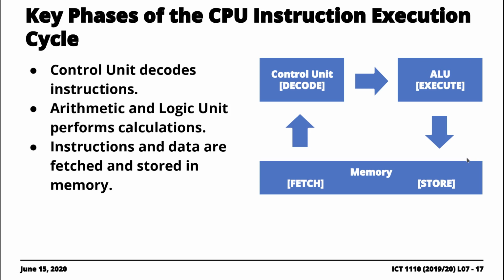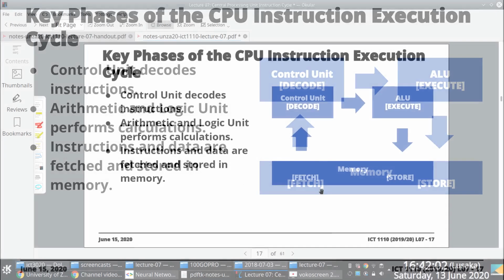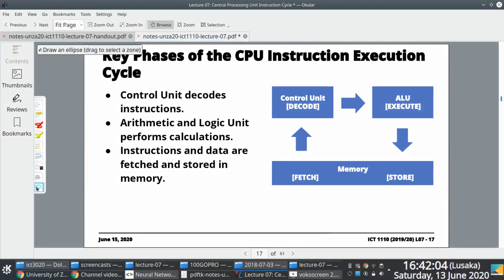And if you look at this diagram here, you realize that there are different components associated with these key phases of the instruction cycle. The fetching of instructions is done by the memory component, or the fetching is done from main memory, from RAM in this case.